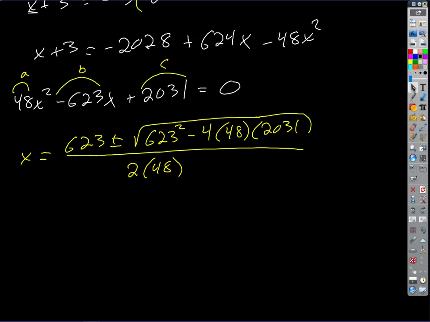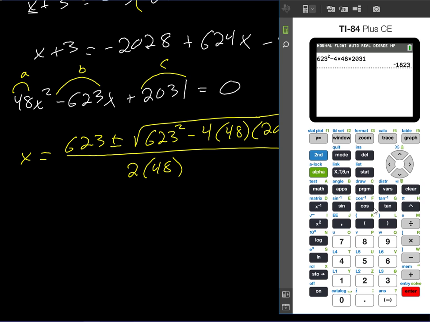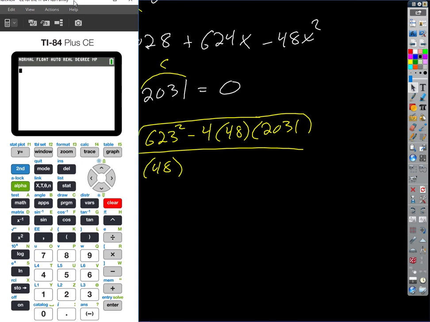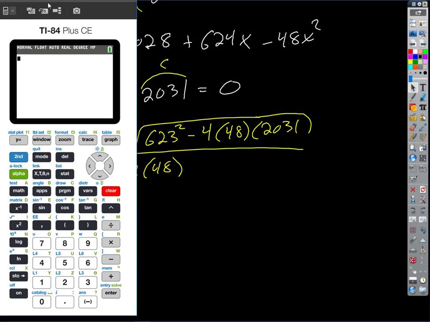Let's pull up our calculators. Okay, so what are we going to get? Let's just evaluate that part inside the square root first. And if it ends up being positive, then we'll just plug it into the formula.